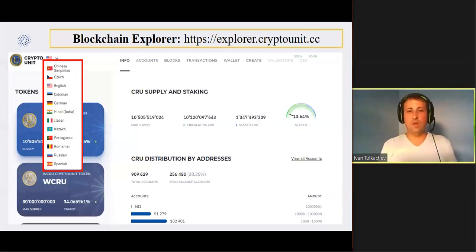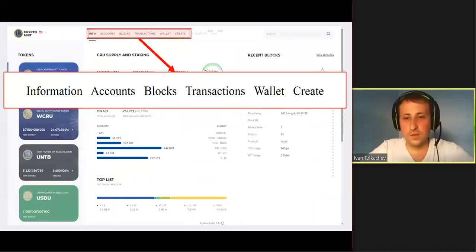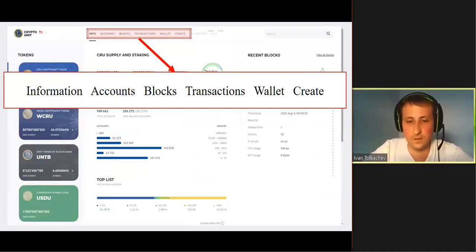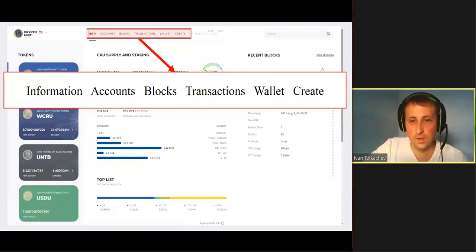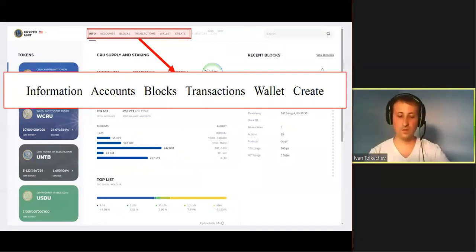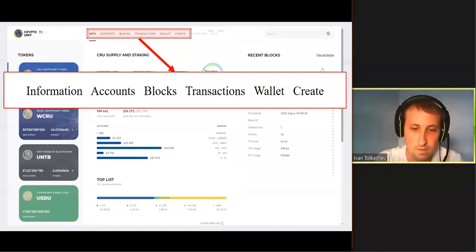Next slide, please. What else do we have? First of all, this is the menu. We have the information section, the first page you get when you go to the Explorer. There is another section, accounts, blocks, transactions, where you may find detailed information about accounts, blocks, and transactions on the blockchain.